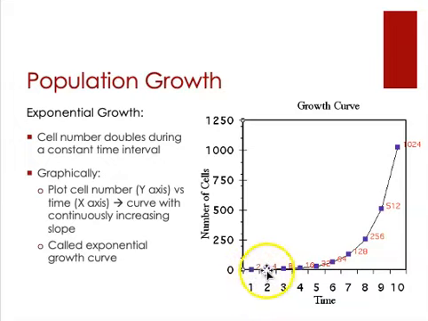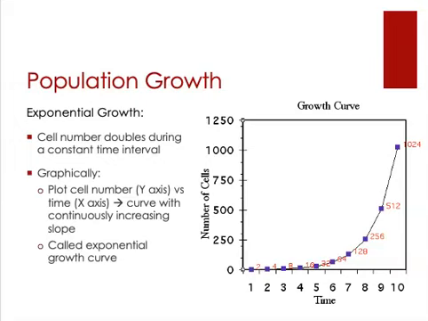We went to two, to 4, to 8, to 16, to 32, to 64, to 128, to 256, to 512, to 1024. Once you hit the steep part of an exponential curve, the numbers go up very rapidly. And this again is referred to as exponential growth.